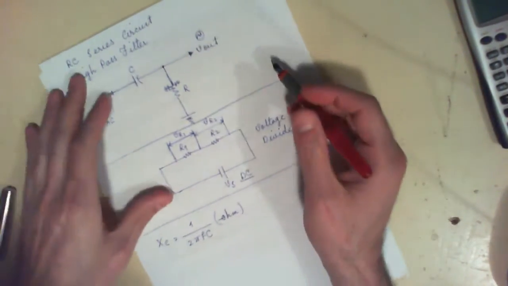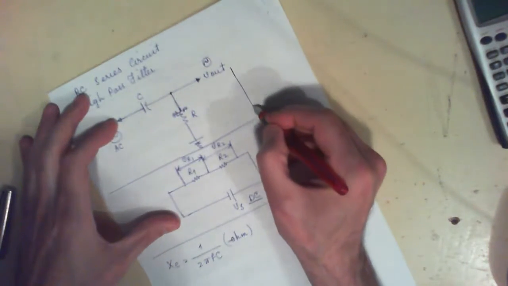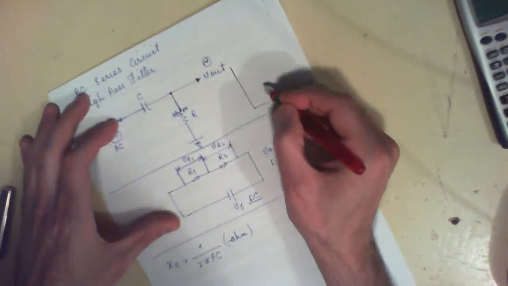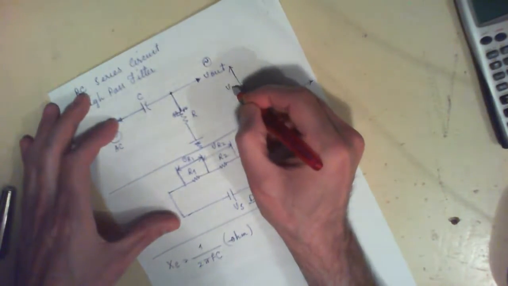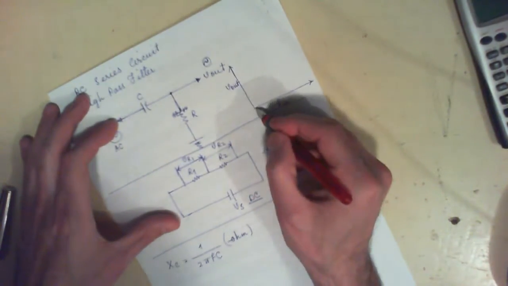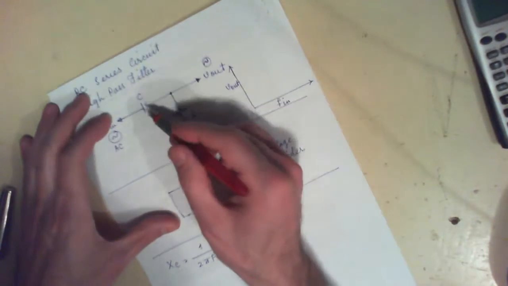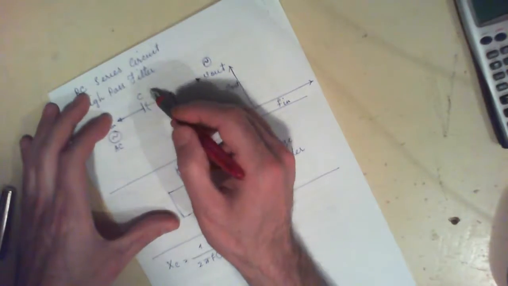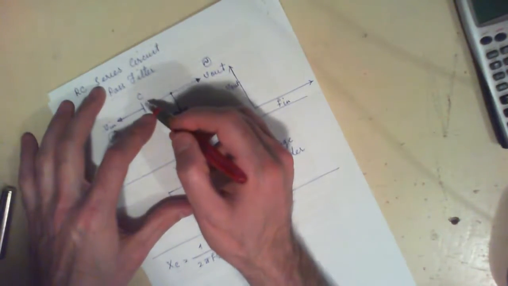So what happens is, if this is the input frequency F, and this is your V out, as you're increasing the frequency, the reactance of this capacitor is going to decrease.